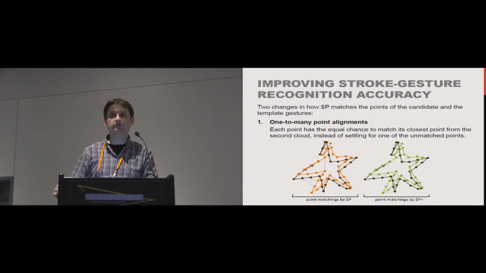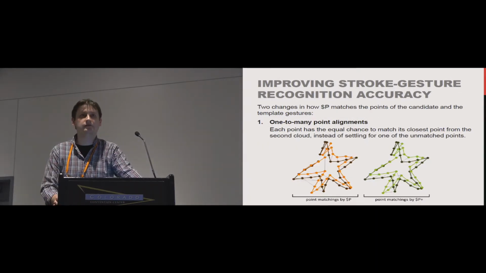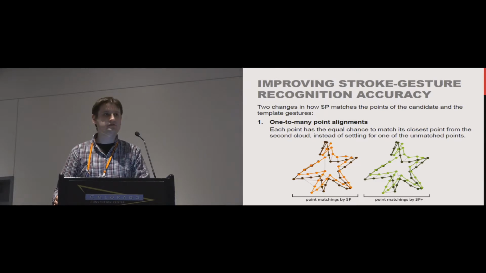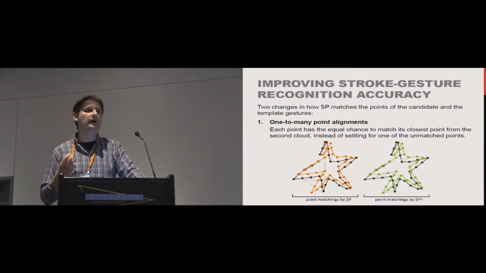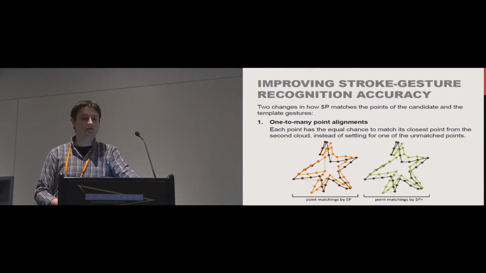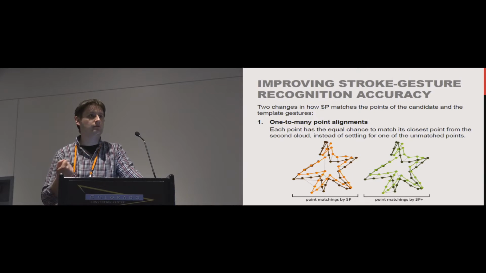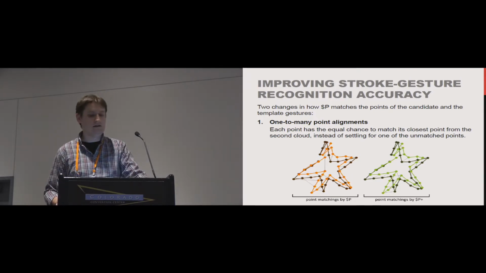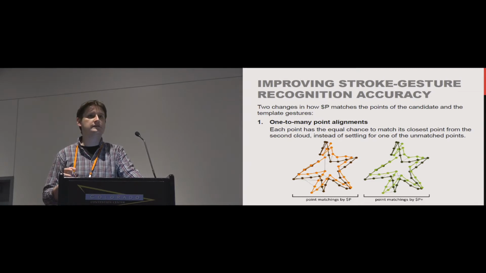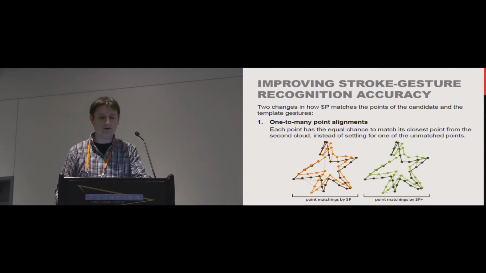So the first modification in the structure of the point cloud recognizer was to enable one-to-many point alignments. So this way, each point can be mapped to its closest point from the second cloud. In the figure, you can see the differences between the two types of point alignments.